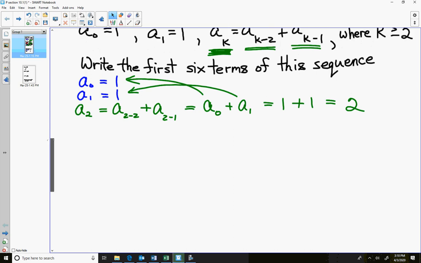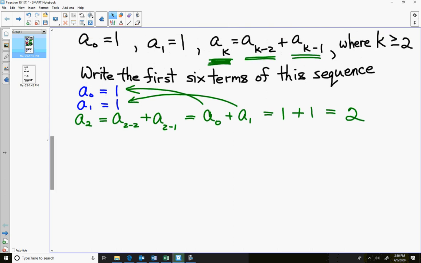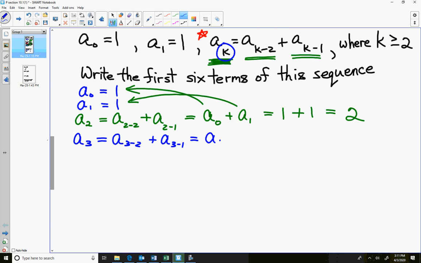I'm scrolling up a little high. We're still going to be using this formula as I move forward. So now I want to do A subscript 3. So everywhere there's a K, I'm plugging in a 3. So it's going to be A 3 minus 2 plus A 3 minus 1. What that really means is A subscript 1 plus A subscript 2.